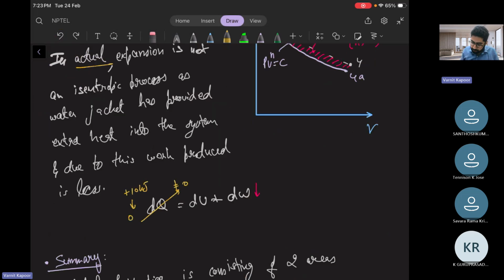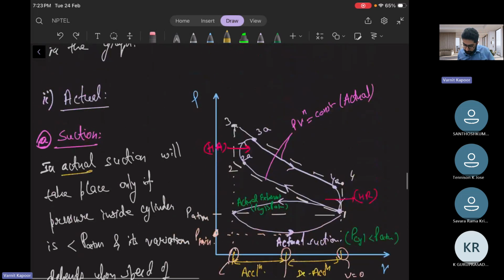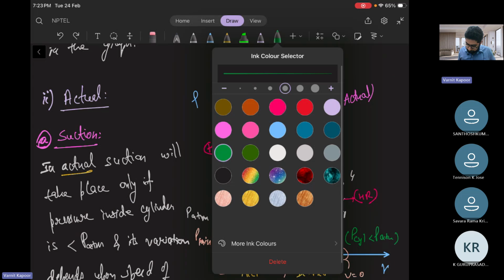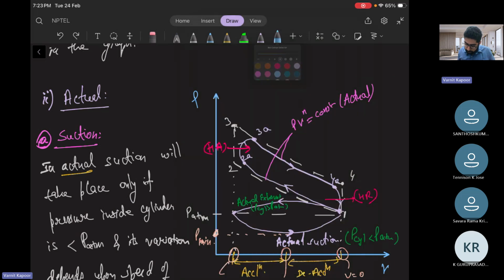Let me write these also, positive and negative, in this graph. Let us use another color. This is positive and this is negative. Okay. So the above area is positive and the below one is a negative area.